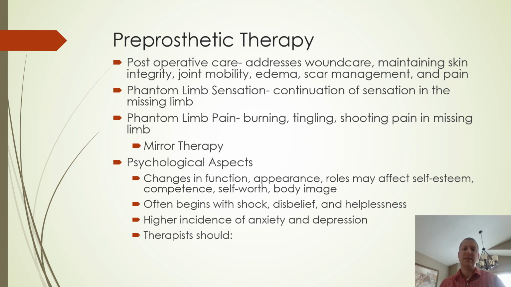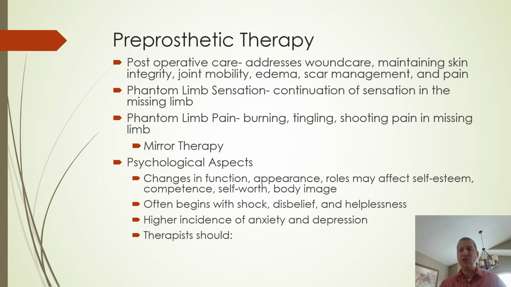There are certainly psychological aspects with amputation, and I think right at this pre-prosthetic part, again, it's more of that acute phase. And so I think the psychological aspects hit pretty hard. There's certainly going to be changes in function if they're missing part of their limb. Their whole appearance is going to look different.